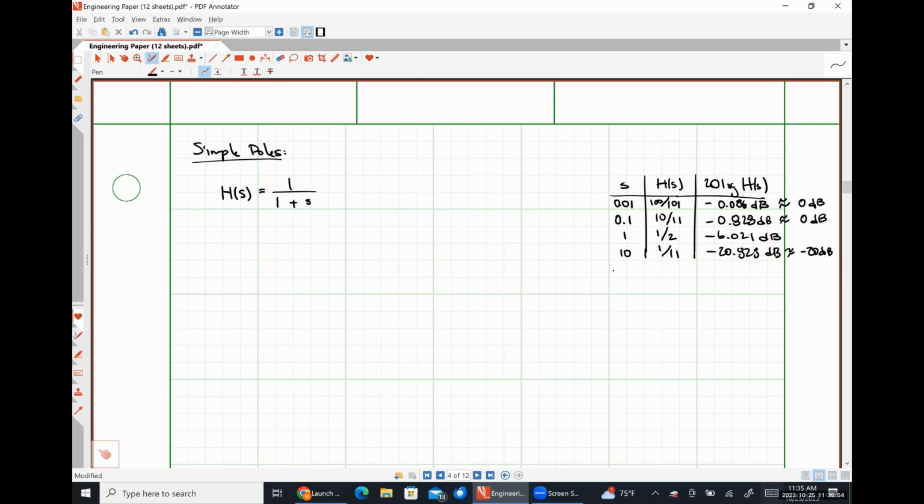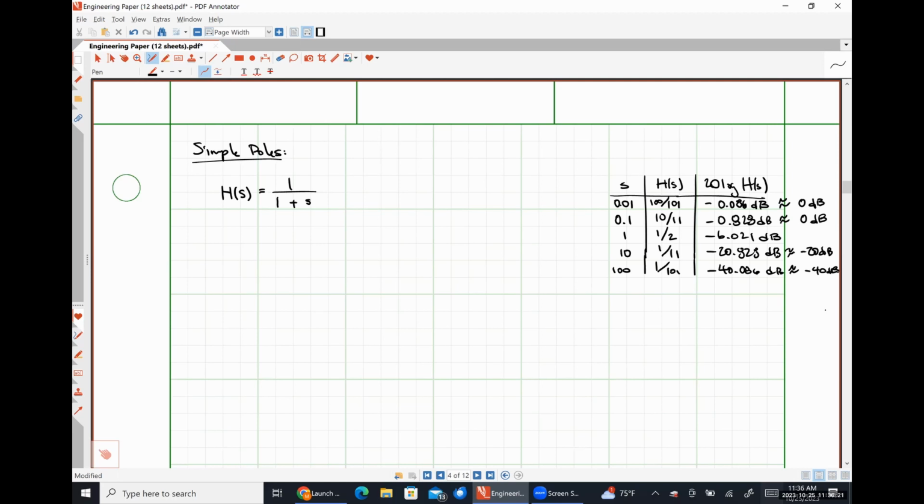When s is equal to 100, I have 1 over 101, which comes out to be negative 40.086 dB, approximately negative 40 decibels.